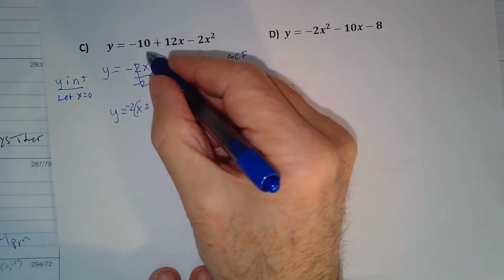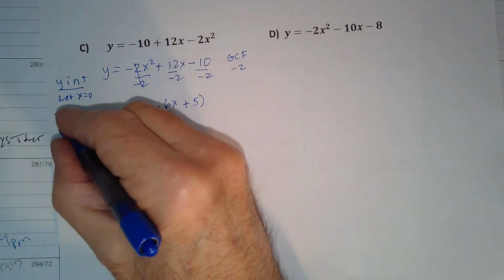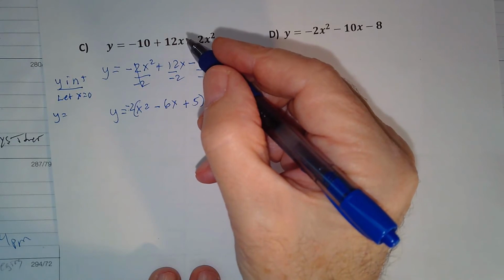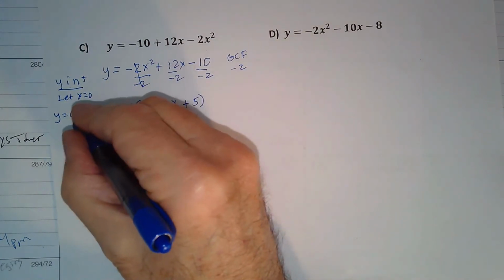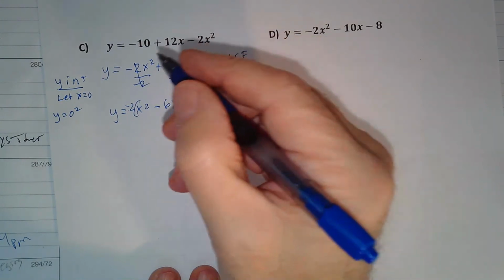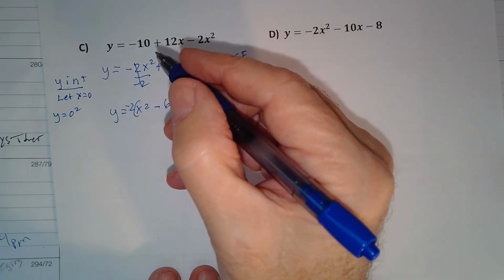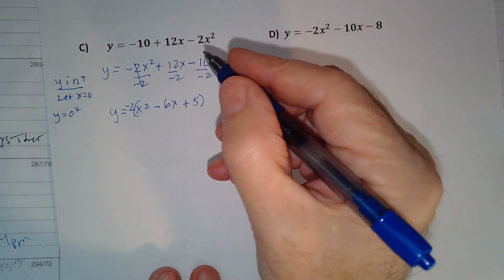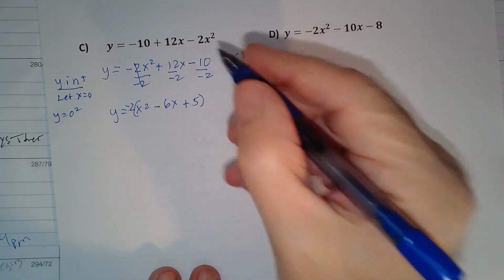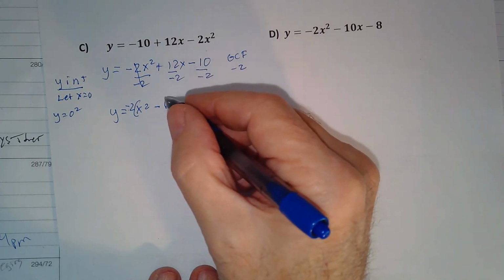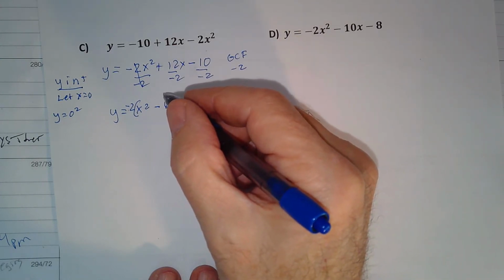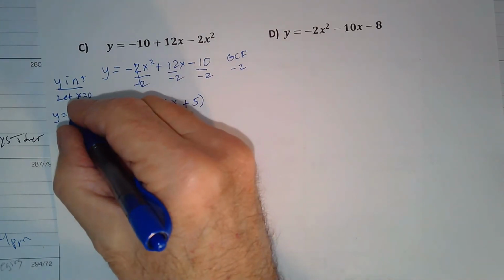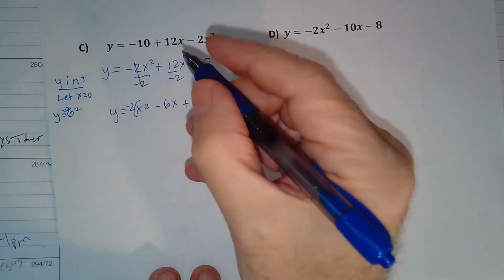So that would mean y equals 0 squared, negative 2 times 0 squared.